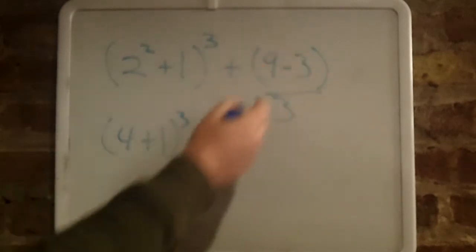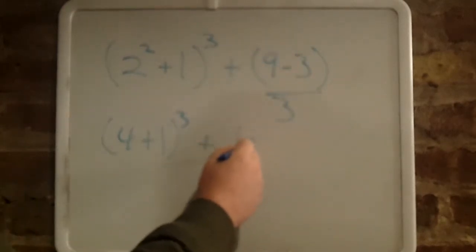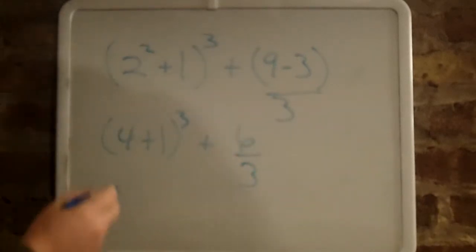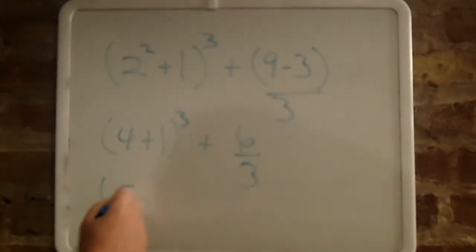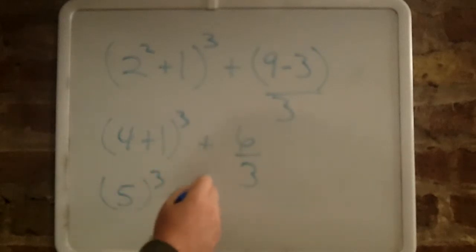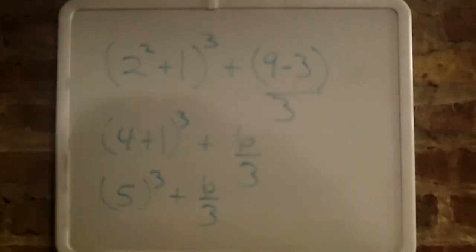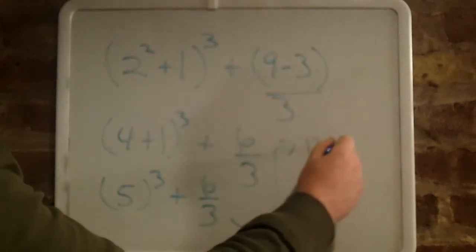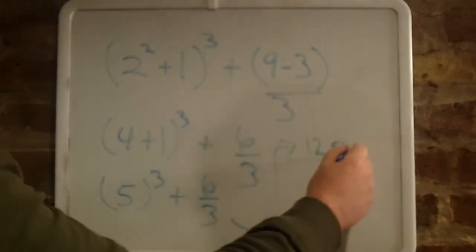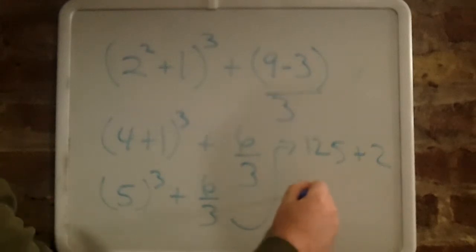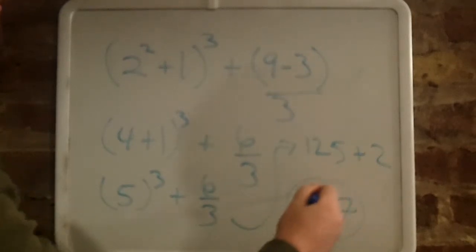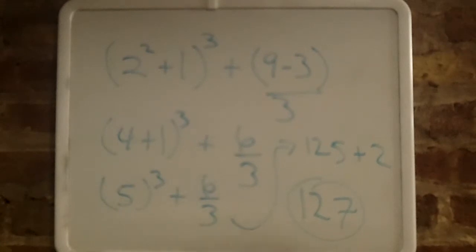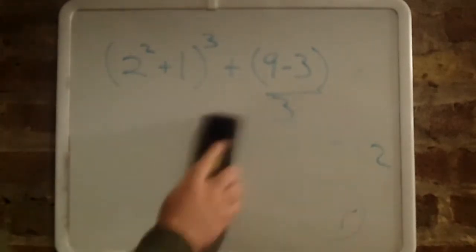Over here, 9 minus 3 is 6. So we have 6 over 3. Back over here, we have 5 cubed, and that gives us 125. 6 divided by 3 is 2. So our answer would be 127. So that's the gist of order of operations.